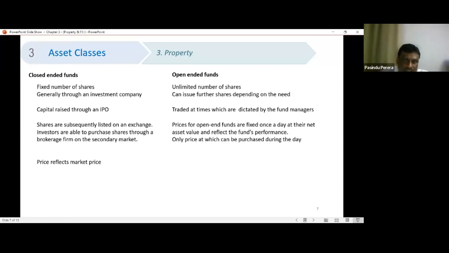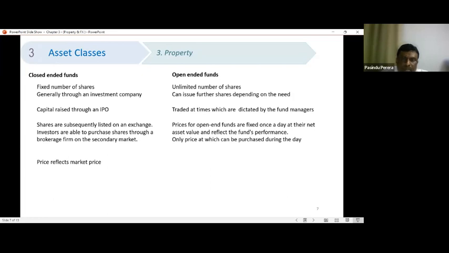Only price at which it can be purchased during the day. So based on that price, you can purchase or issue shares at any given point. There's no specific time because this is open-ended. At any given point, if they want to issue shares and raise new capital, you can do it, and the shares will be issued at that particular NAV.